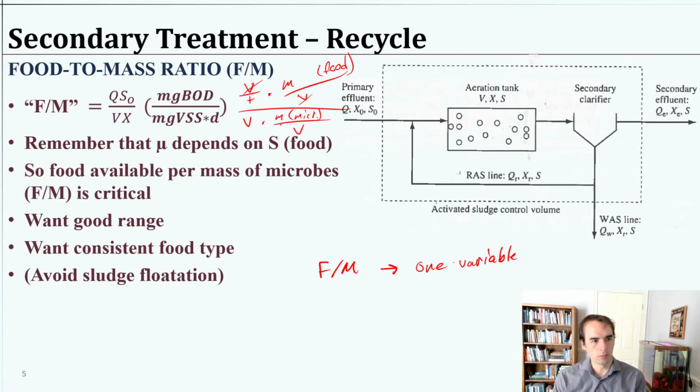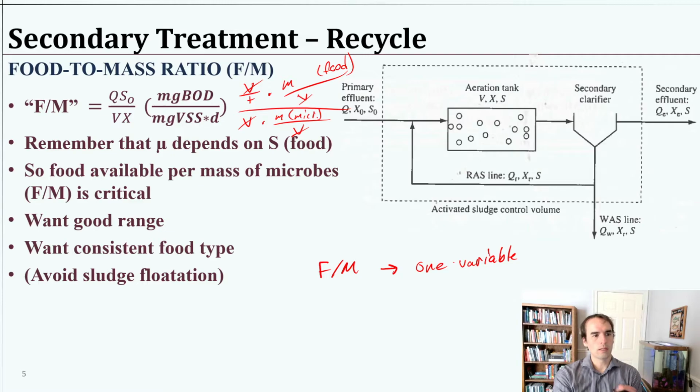So the volumes again will cancel. So then we're left with mass per time per mass. So it's mass of food per mass of microbes per time. Just like what you think it is, it's the amount of food per the amount of bacteria per time. So very simple when you think about it, but the way we write it out mathematically would be QS naught divided by VX. Okay, so that's the food to mass ratio.